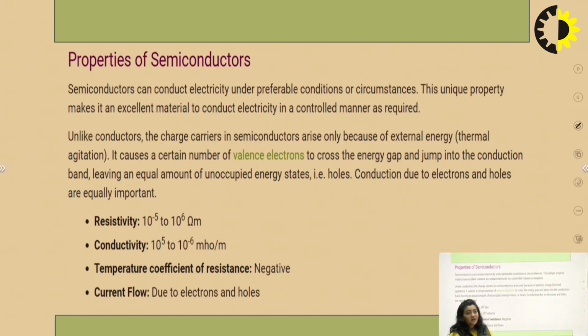Moving to the next part, what should be the properties of a semiconductor? A semiconductor can conduct electricity under a preferable condition. This unique property is what makes them semiconductors. As I already told you, you can modify the electrical conductivity of a semiconductor material, which is not possible in a conductor.